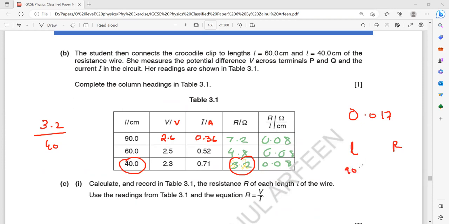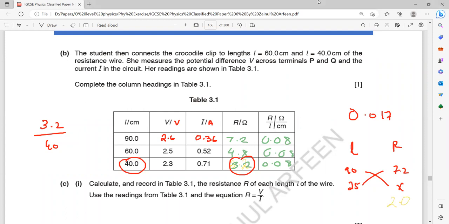For example, if we have a length of 90 centimeter, it had a resistance of 7.2. So if we have a length of 25 centimeter, how much should be the resistance X? Cross multiply. 25 into 7.2 divided by 90. What's the answer for this? 2.0. So that will be 2.0.